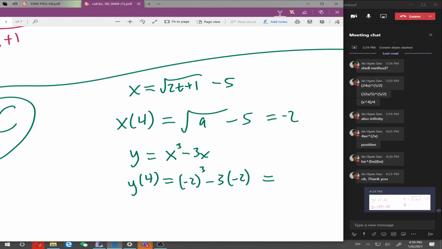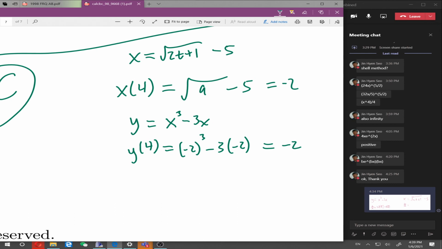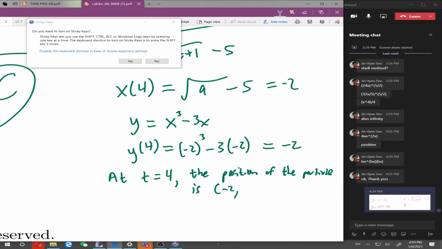Okay, so I've got -8 plus 6, or -2 as well. So at t equals 4, the position of the particle is (-2, -2).